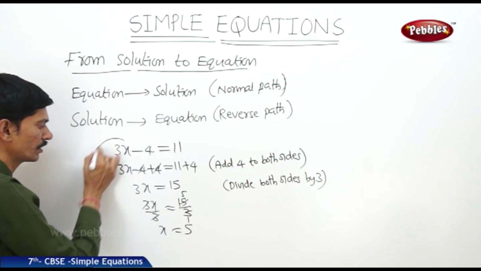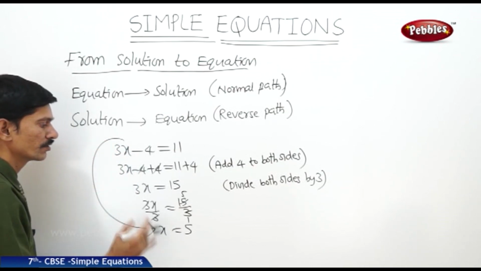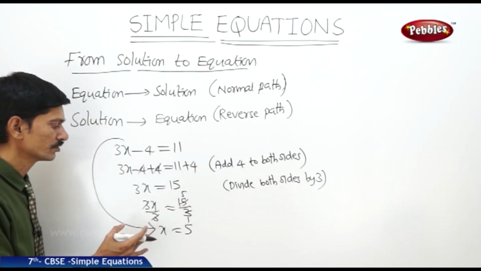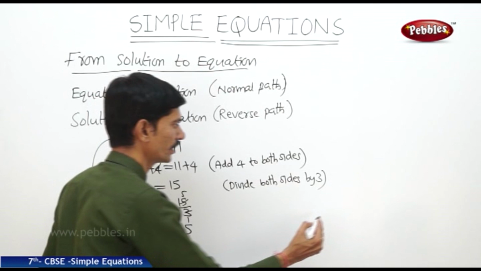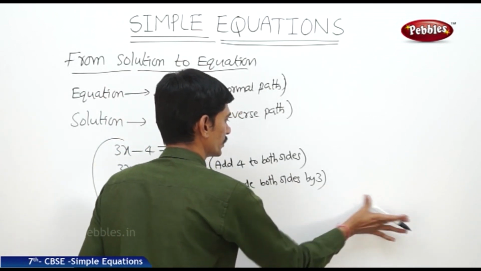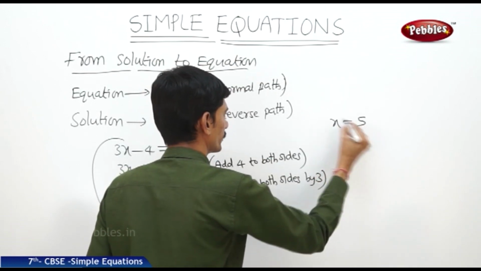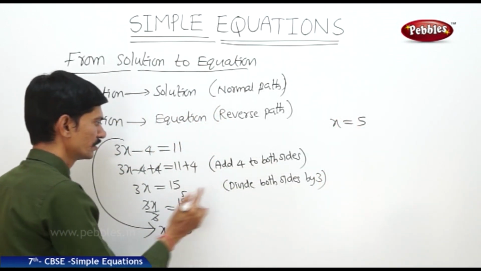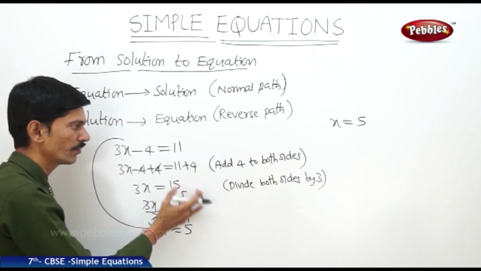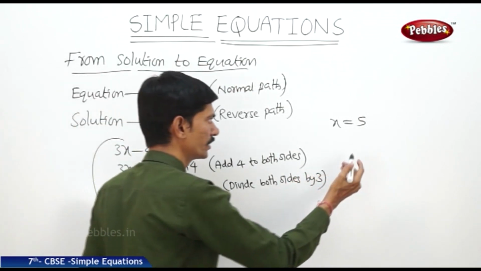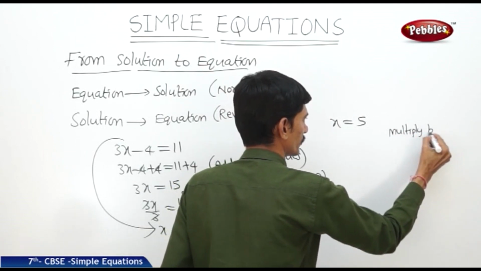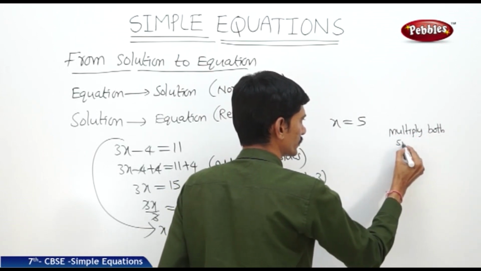When the equation is given, we can find the solution. So why can't you apply the same procedure in the reverse path? First you are given that x equals 5. Then in the second step we divided by 3, so in the reverse you will multiply by 3. So you will write multiply both sides.